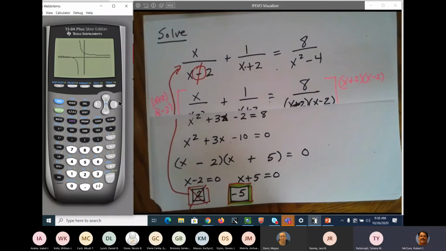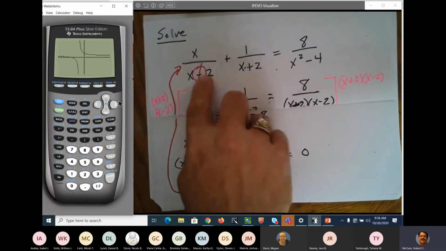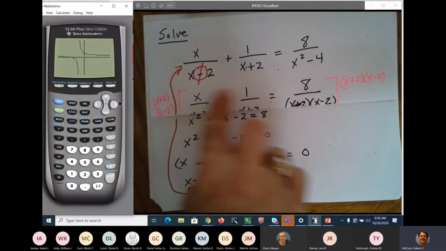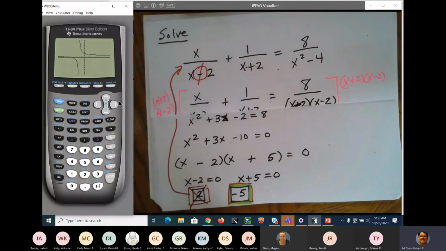Plug it in. Mentally plug it in. You just have to plug it into the denominators because you can't have 0 in the denominator. So if one of those numbers gives you a 0, then it's not a solution.